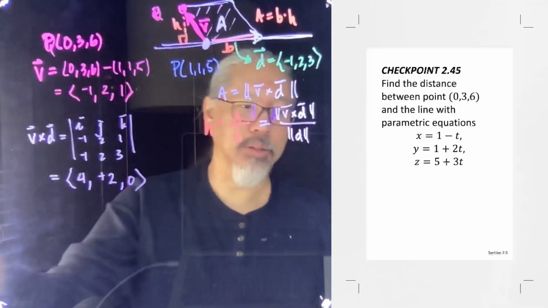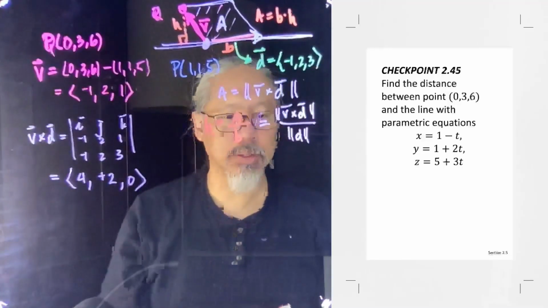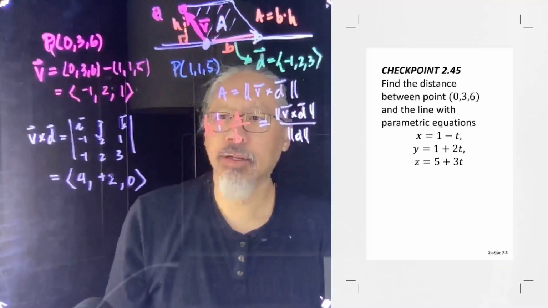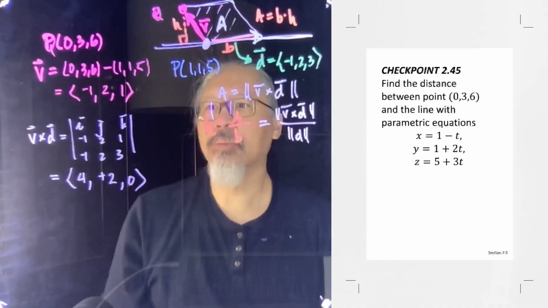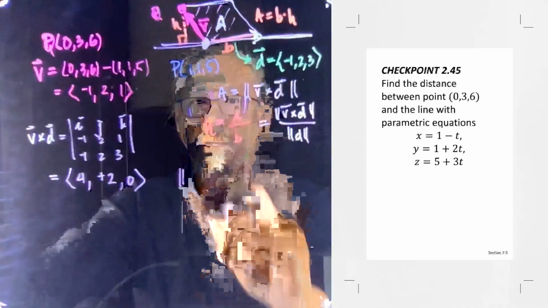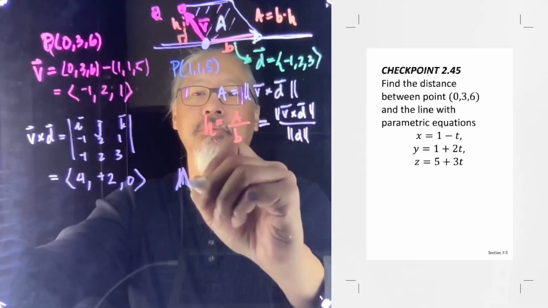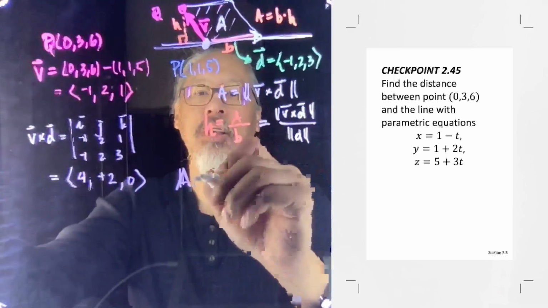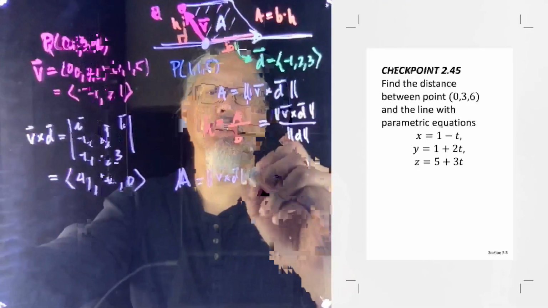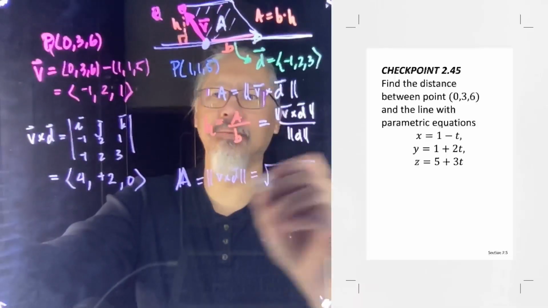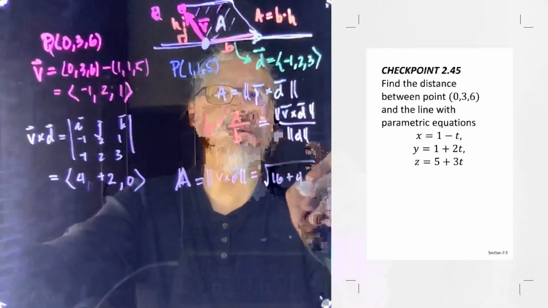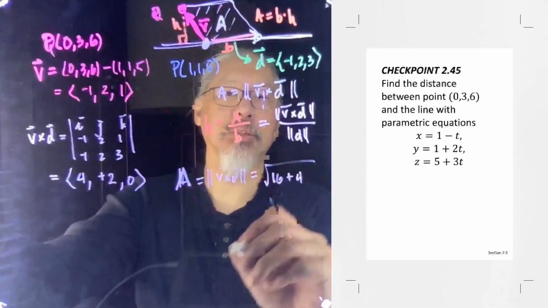So that's going to give us the vector, and we take the magnitude. Let's call this the area of v cross d. That gives us the square root of 4 squared, 2 squared, and negative 2 squared, which is the square root of 24.